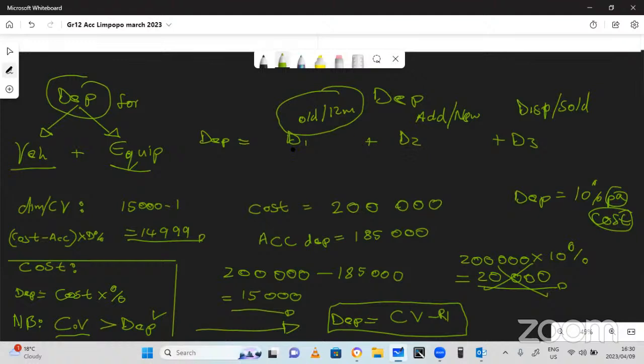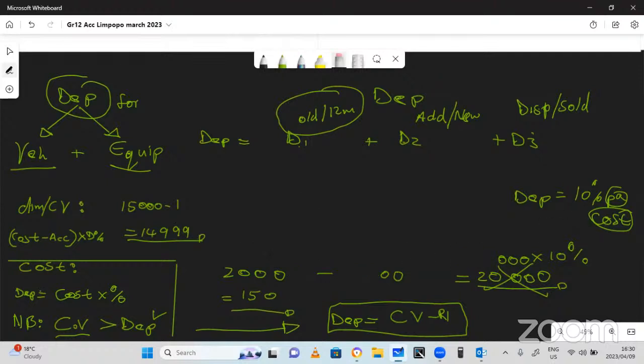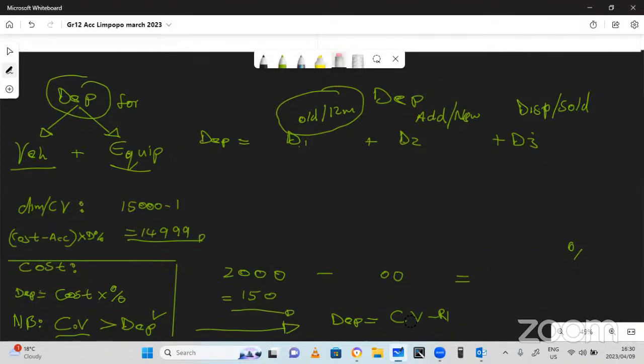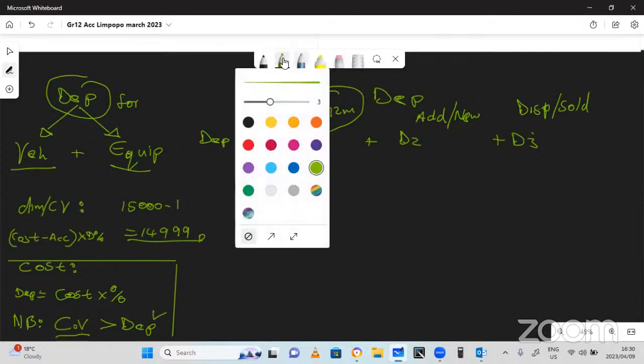Okay, now let's go back to depreciation number 1, depreciation number 2, depreciation number 3. Whether you are calculating depreciation number 1, number 2 or number 3 will depend on the asset, because we are calculating depreciation on the old asset.